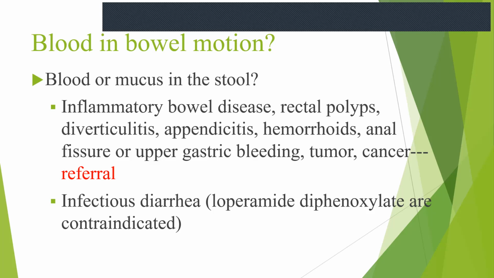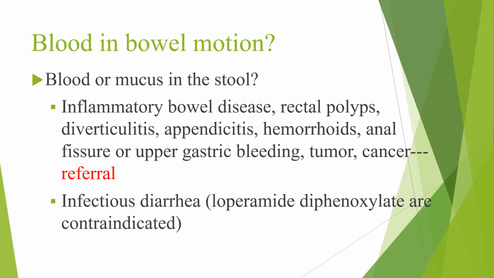Yeah, can be cancer, can be inflammatory bowel disease, or there's a rectal polyp, 这个肠道有息肉，或者是 diverticulitis，或者是盲肠炎 appendicitis，或 hemorrhoid 痔疮，或者是 anal fissure，就是这个肛门有裂伤，或者是你的上消化道有出血，这些情况我们就是 refer，所以大便里面有血的基本上都是很危险的。If you find the patient having diarrhea and also they found blood in their stool, it's better to refer. Okay. And also infectious disease. Okay.